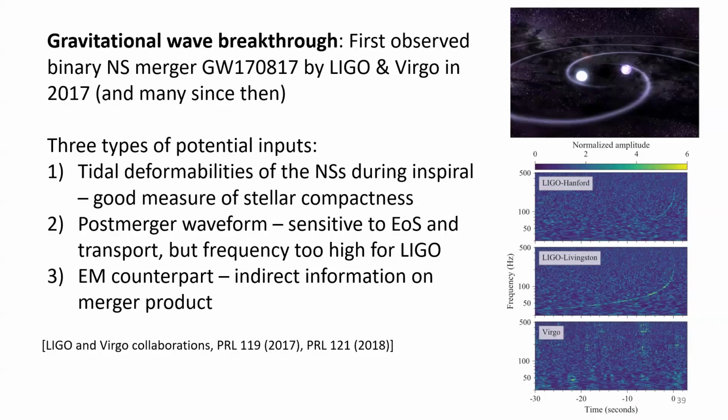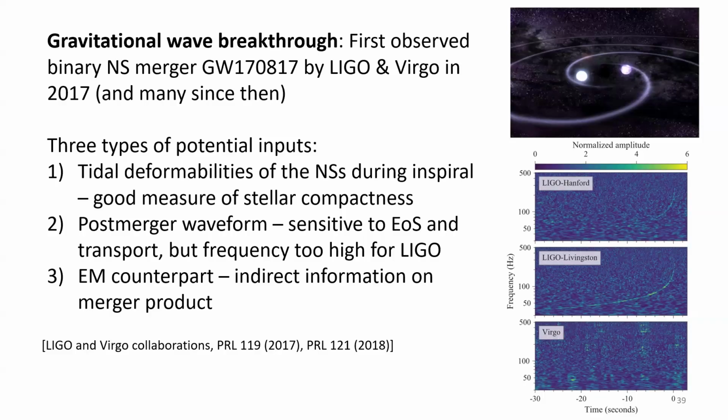So it's exactly this in-spiral waveform that LIGO and Virgo and KAGRA have been able to measure from several mergers, and the good news is that since this in-spiral waveform deals with the part of the merger where the two stars haven't actually collided with each other yet, the system is still cold, so we can obtain information about the properties of cold and dense matter, which is basically what I've been talking about here.